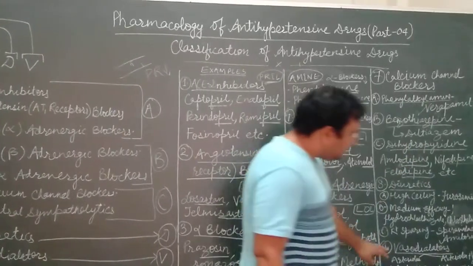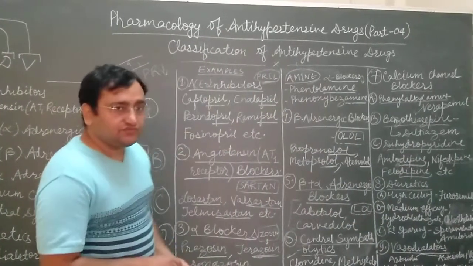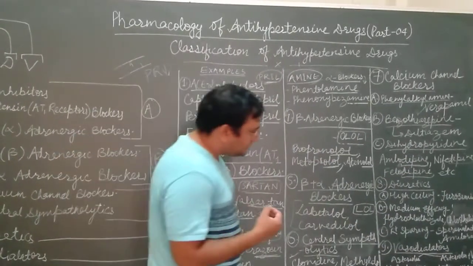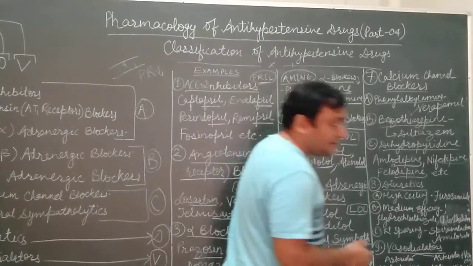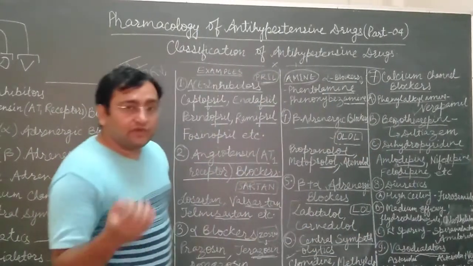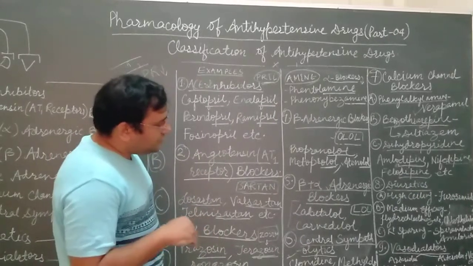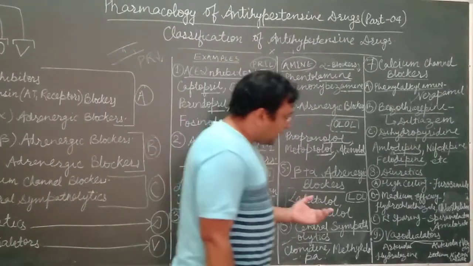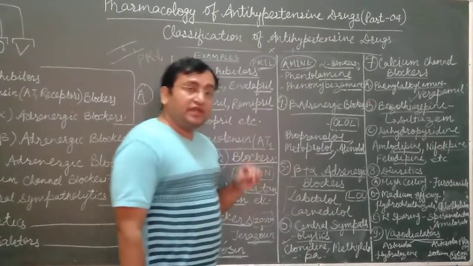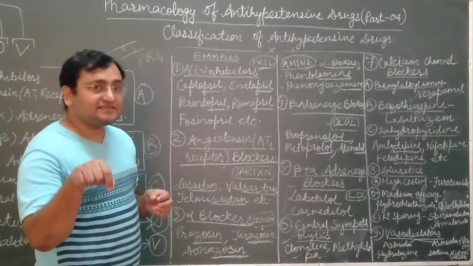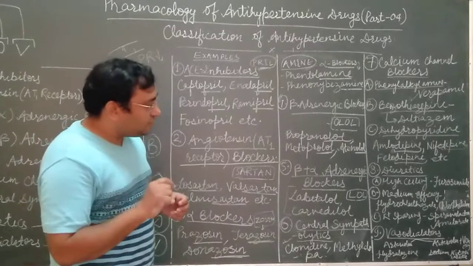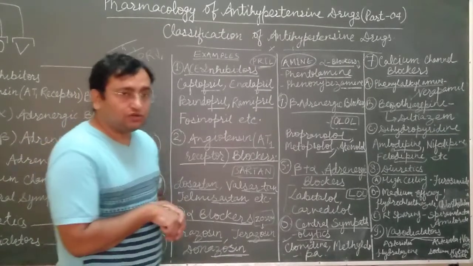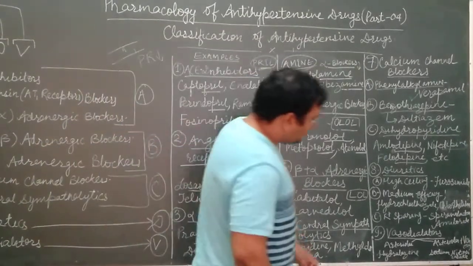Next, the last category is vasodilators. As we have already studied, vasodilators can dilate the vessels. Vessels may be arteries or veins, so that they can reduce the peripheral resistance and decrease the elevation of blood pressure.